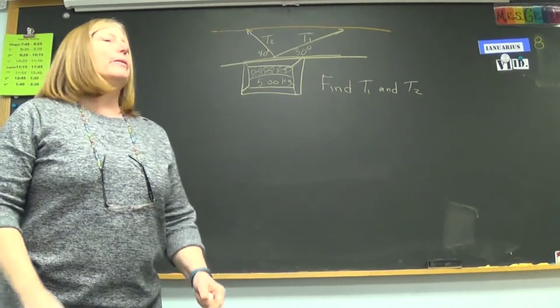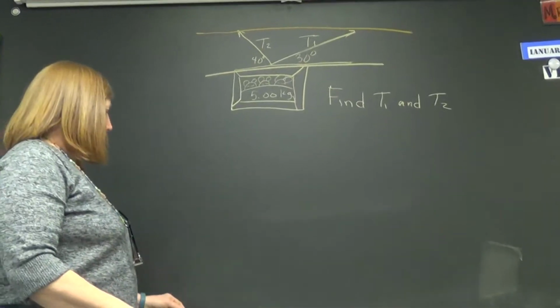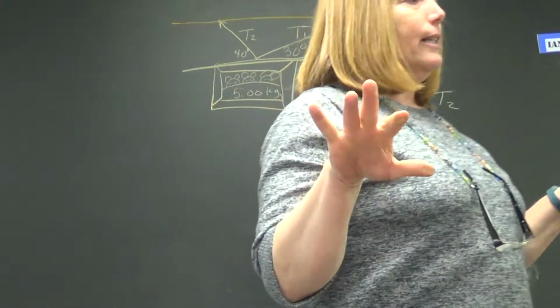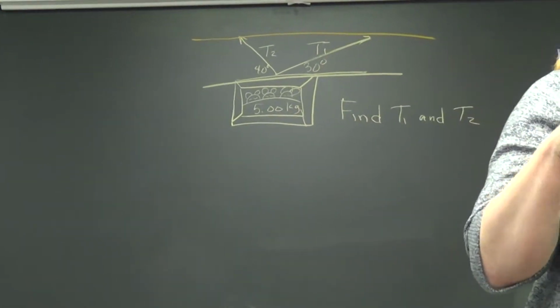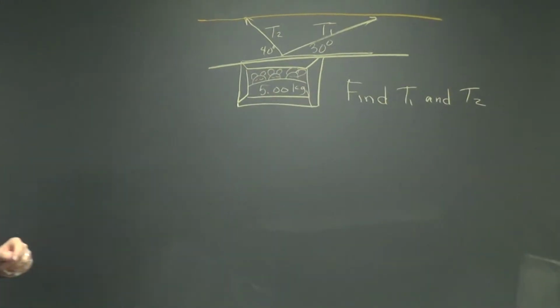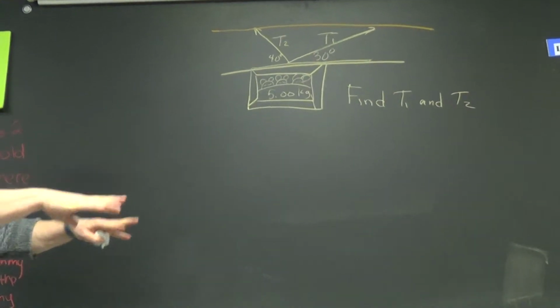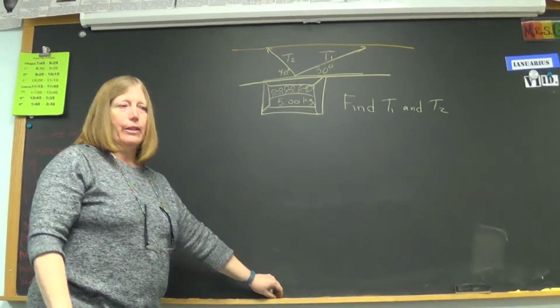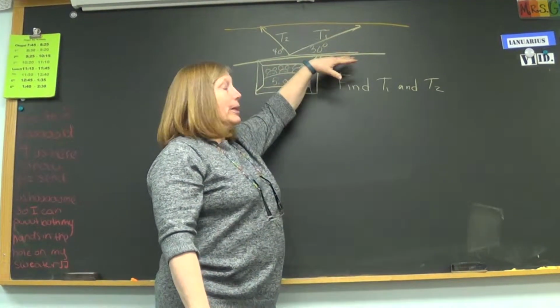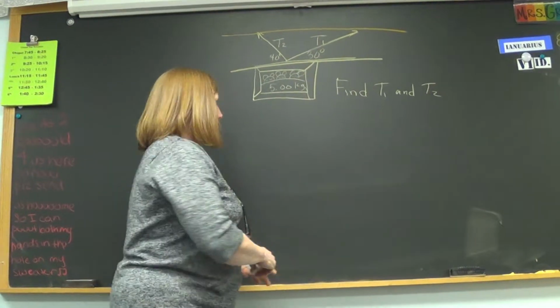To do this problem, we're going to draw a picture of all the forces. And I'd like you to do all the horizontal ones in red and all the vertical ones in blue. And that's why I gave you those pencils. So, we're going to do the horizontals in red. So we'll start those. Tension 1, because it's at a diagonal, we learned that we can divide it into the x and y components.